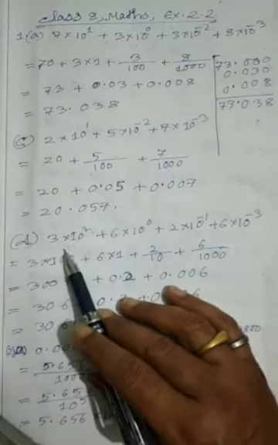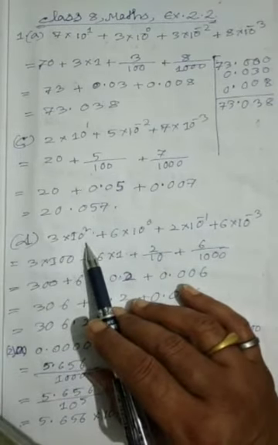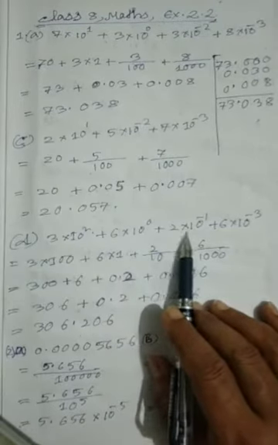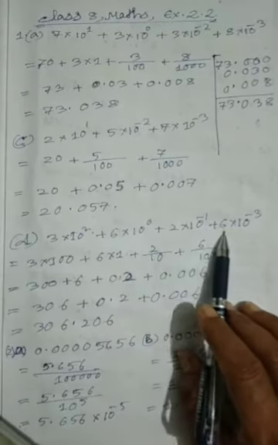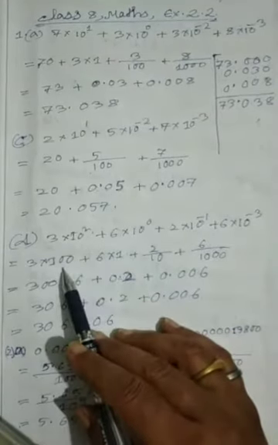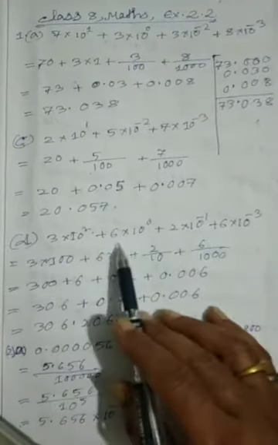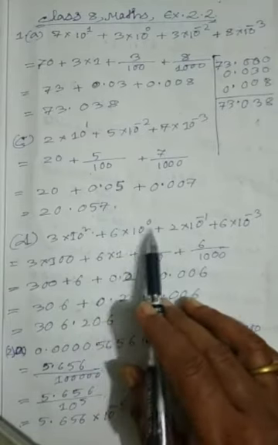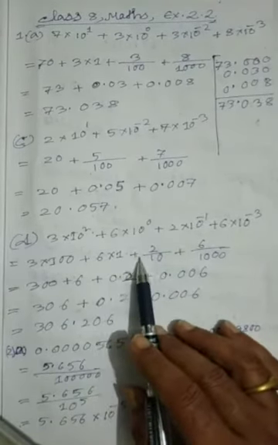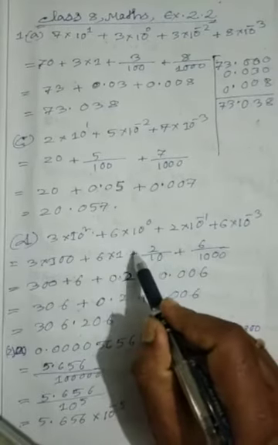Come to question number D. 3 into 10 square plus 6 into 10 to the power 0 plus 2 into 10 to the minus 1 plus 6 into 10 to the minus 3. 10 square means 100, 10 into 10. 3 into 100, plus 6 into 10 to the power 0 equals 1. Anything to the power 0 equals 1.